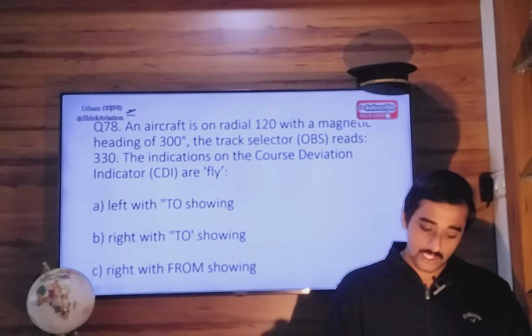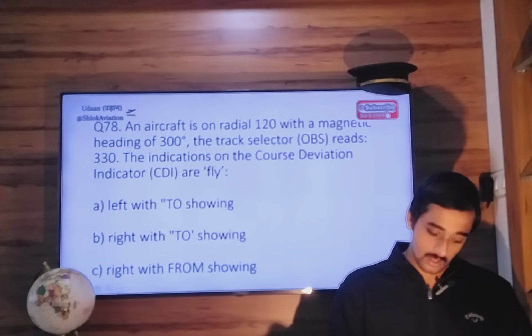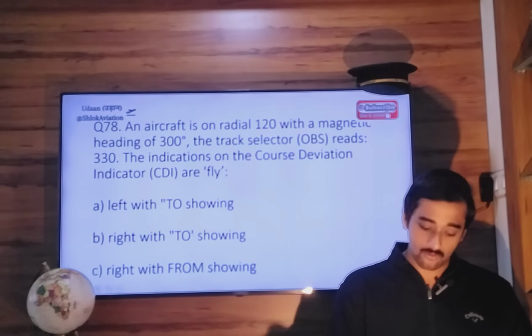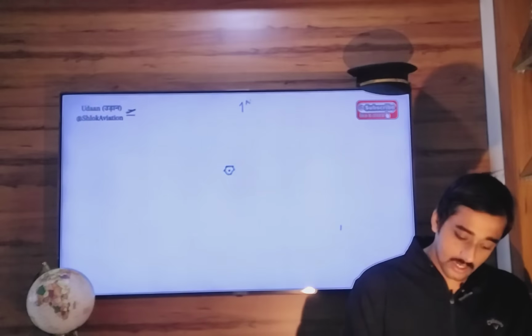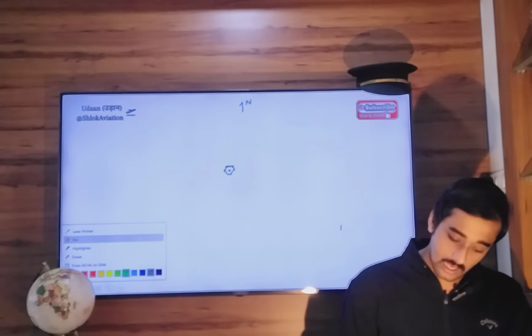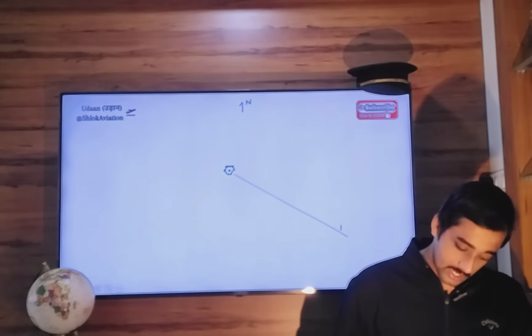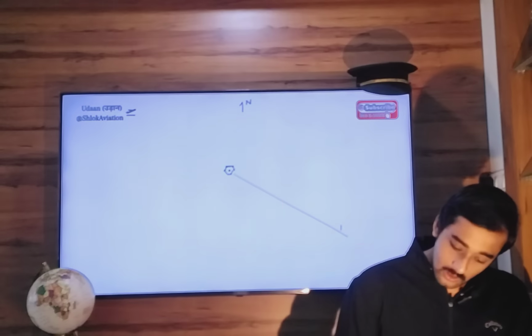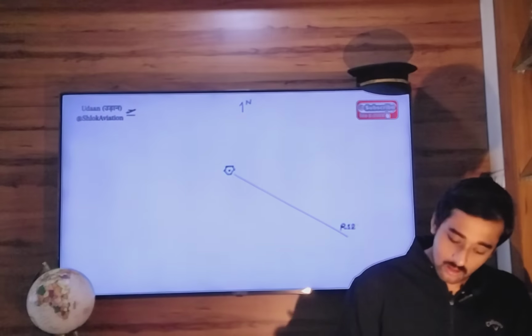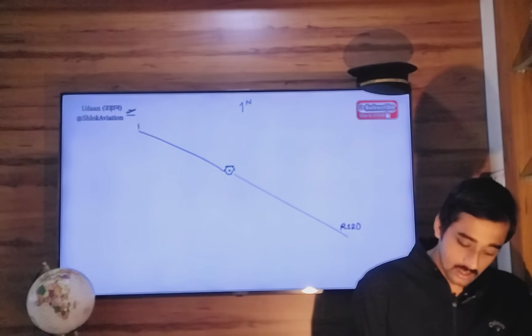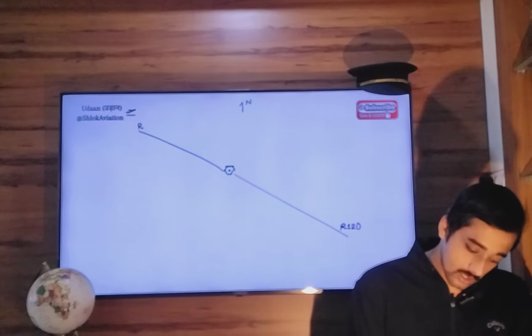Next. An aircraft is on radial 120 with a magnetic heading of 300. OBS reads 330. What are the indications on the CDI? There is a VOR station, so let's draw it. This is the north datum. This is radial 120, and the reciprocal radial is 120 plus 180, 300.